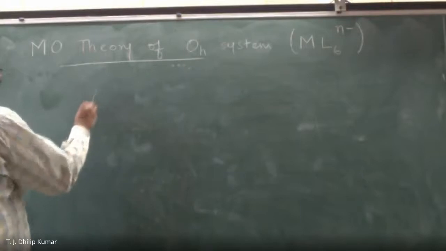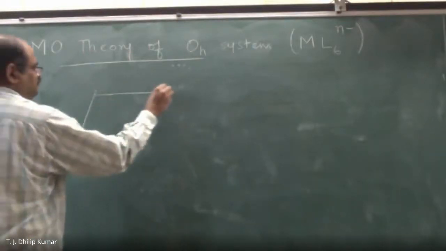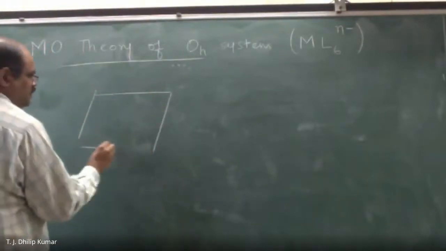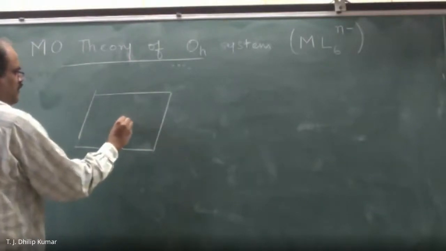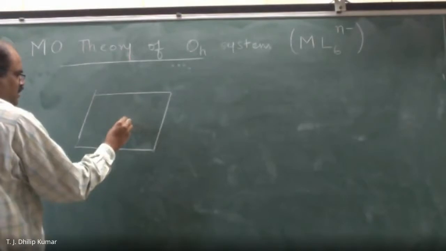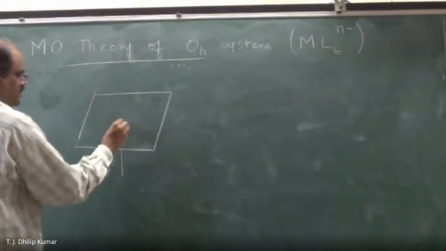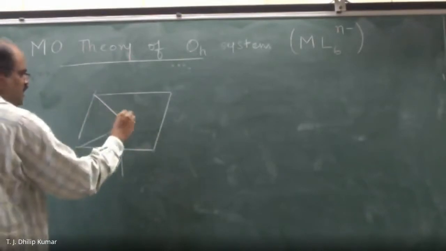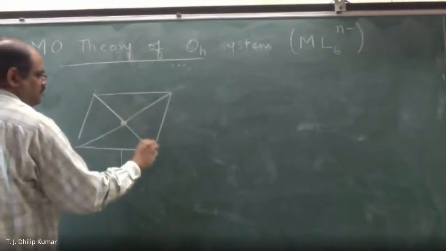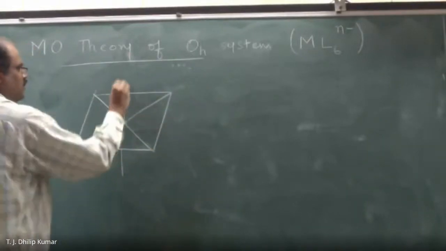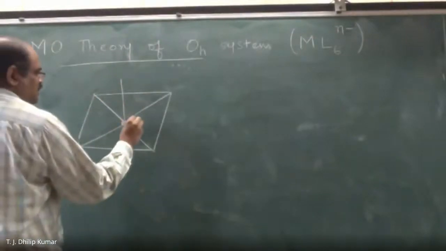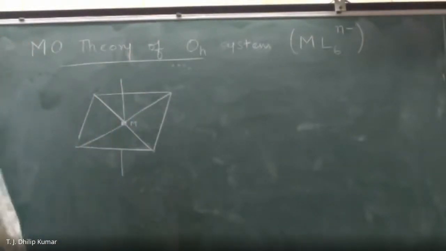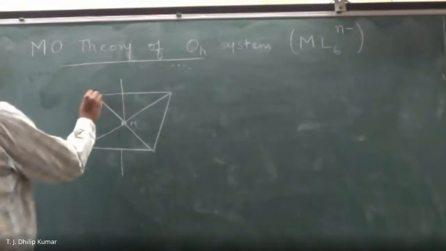You have a central atom, right? There is a central metal atom, and then it is connected by various ligands. So this is the central metal ion, and then these are the various ligands.